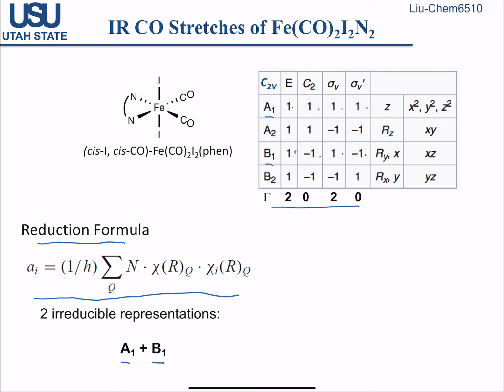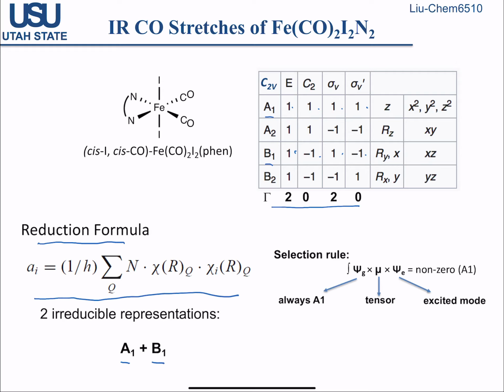And then we need to figure out whether A1 or B1 are really IR active. So if we bring out the selection rule, remember your ground state is always A1, and the excited mode is going to be either A1 or B1, as we get from here.